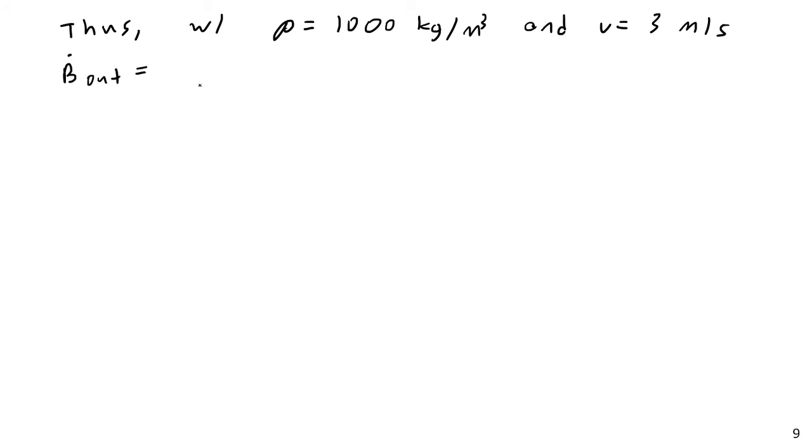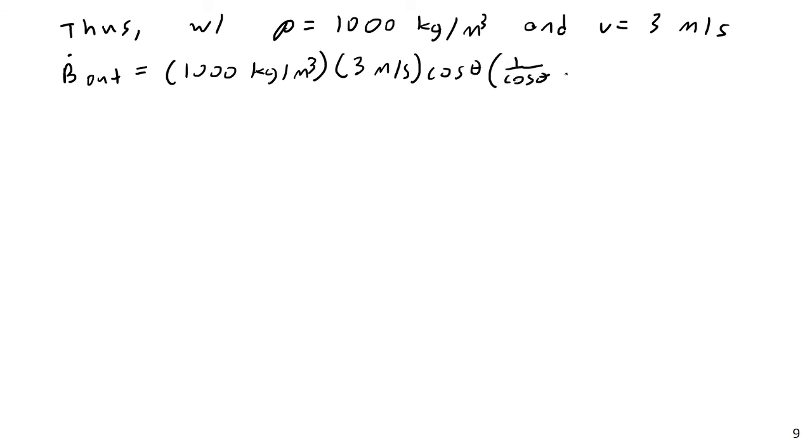B dot out is going to be equal to 1,000 kilograms per cubic meter times 3 meters per second times the cosine of theta times 1 over cosine theta meters squared.